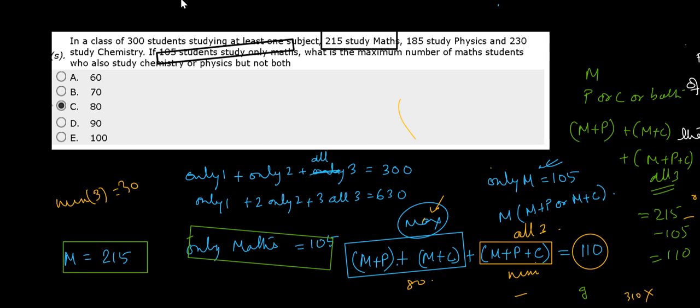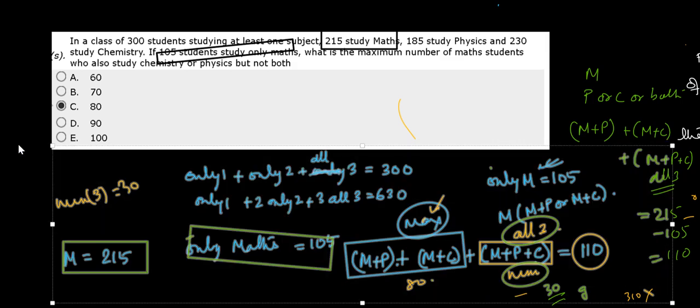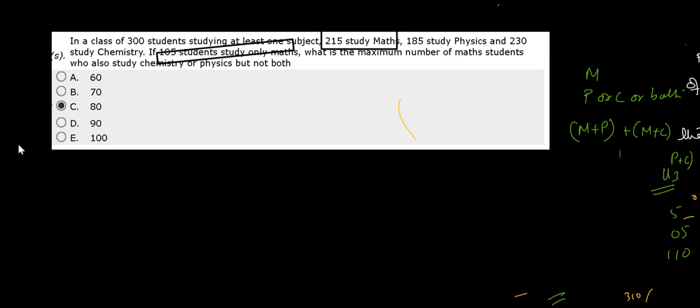Okay. And did you understand why I took all three minimum as 30? Sir, in the previous question it was given. Because we did that a little while ago, right? So what did we do previously? We did only one plus only two plus all three is equal to 300.